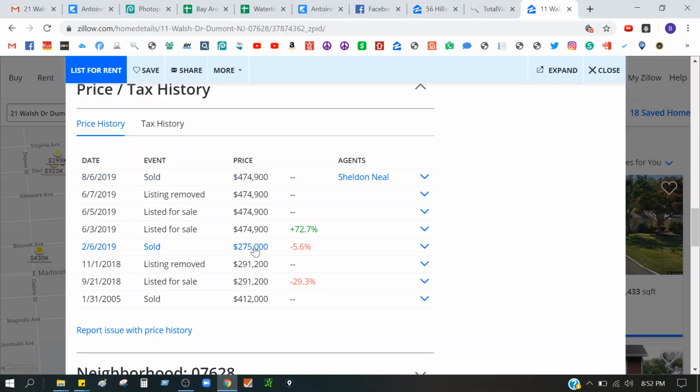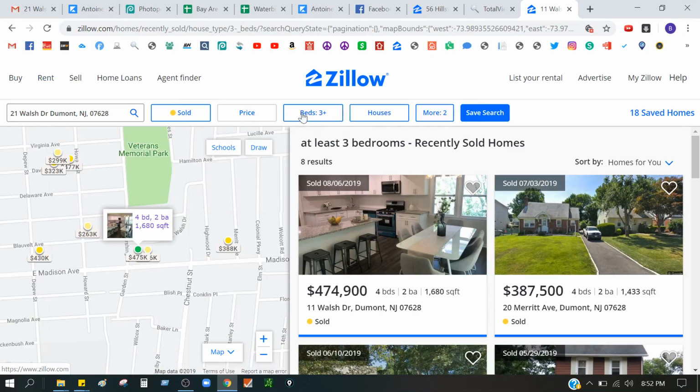All right, guys, I hope you got some value out of that one. Again, just put through the filters what your property is. Maybe put 250 below as far as square footage, and then another 250 above what your square footage is. Then look in the area to see the cash sold prices and the lowest ones.